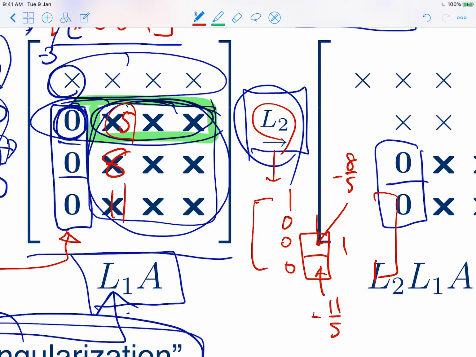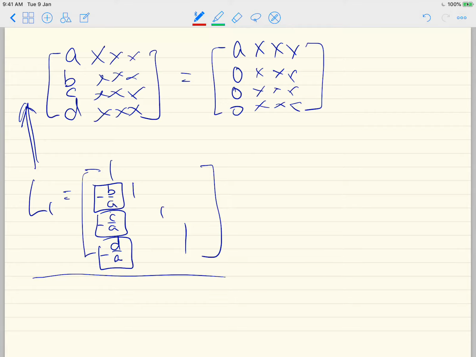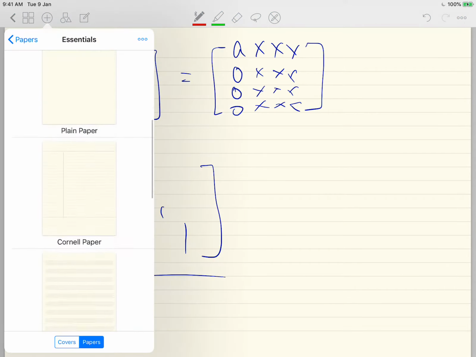Okay, so once we obtain these L's, like L1, L2, and so on, in this manner, at the end we will obtain an upper triangular matrix, and the product of these L's will be a lower triangular matrix. But here there are some interesting properties in this LU factorization.